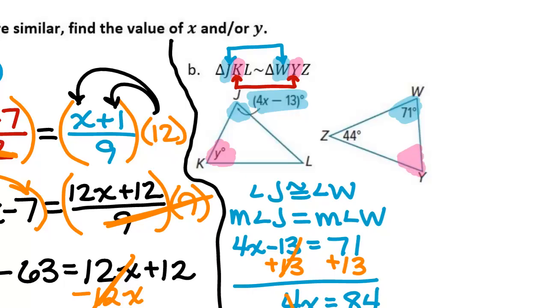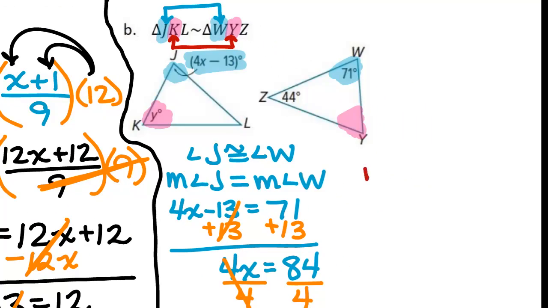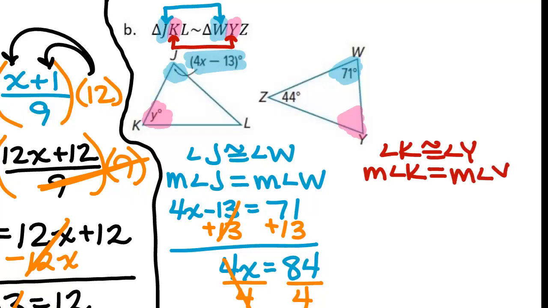I don't know how big that angle is. I know that the measure of angle K is congruent to angle Y. So the measure of angle K is equal to the measure of angle Y. This is just Y degrees, but I don't know how big this is.